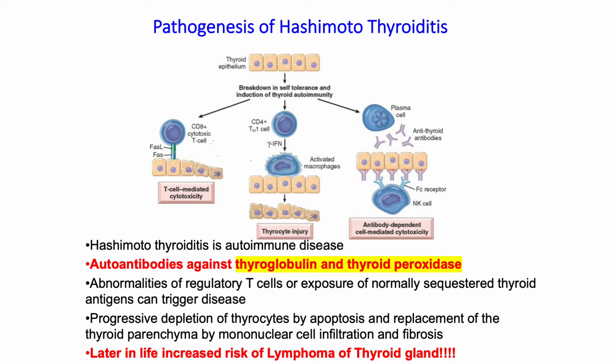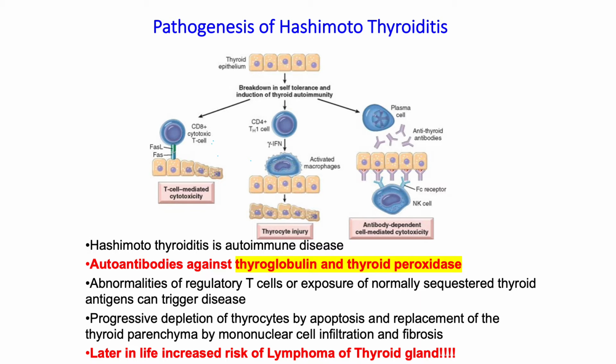Here there is abnormality in the regulatory T cells that causes the destruction of thyroid follicles, and there is release of sequestered thyroid antigens that can also bring autoimmune reaction. When there is sudden release of sequestered thyroid antigen, it can provoke autoimmune reaction.